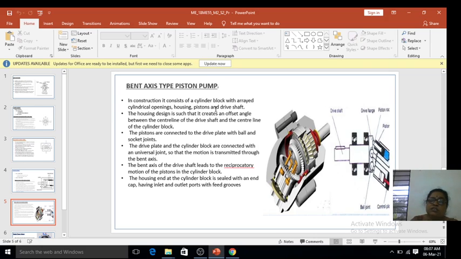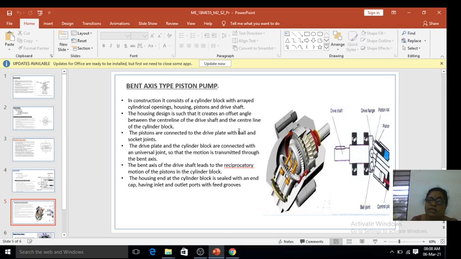When it comes to the construction of the bent axis pump, it consists of a cylindrical block with arrayed cylindrical openings, housing pistons and the drive shaft. The design of the housing creates an offset angle between the center line of the drive shaft and the center line of the cylindrical block.